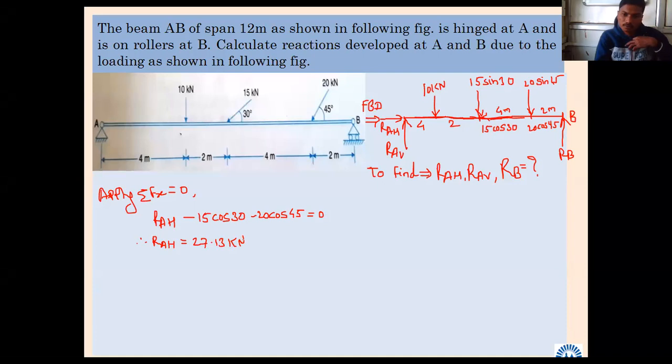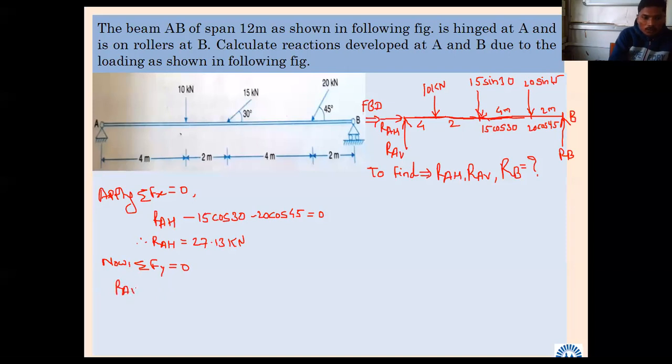Then what you have done? Here you have applied summation Fx equal to 0. Sorry, summation Fy equal to 0. Very simple.